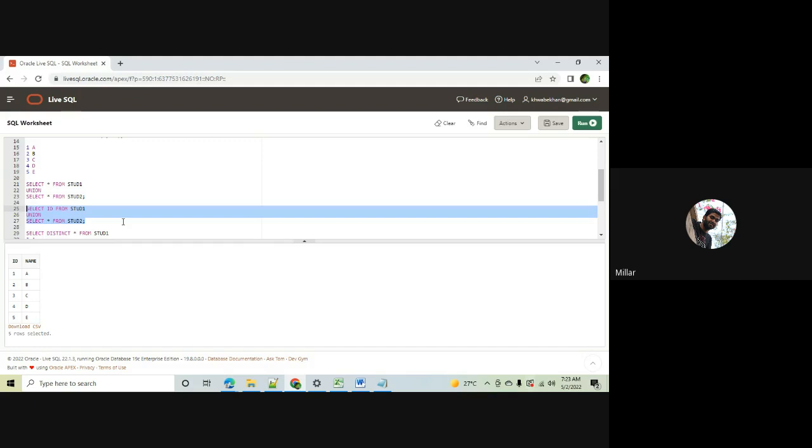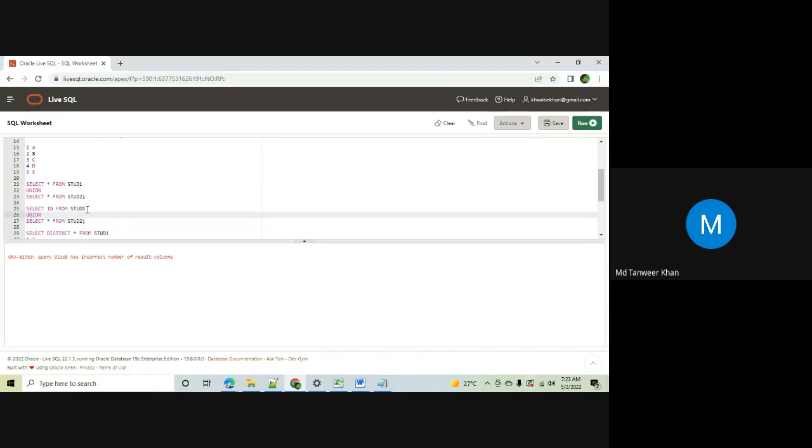Because from the first table we are taking ID, and from the second table we are taking all the values, ID and name. So it cannot be compared and provide a result. So the number of columns must match. Correct. The error says the query block has an incorrect number of result columns, because from this first query, how many columns are you extracting? Only one column.